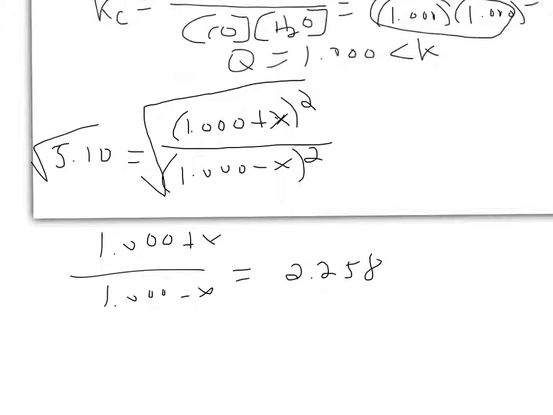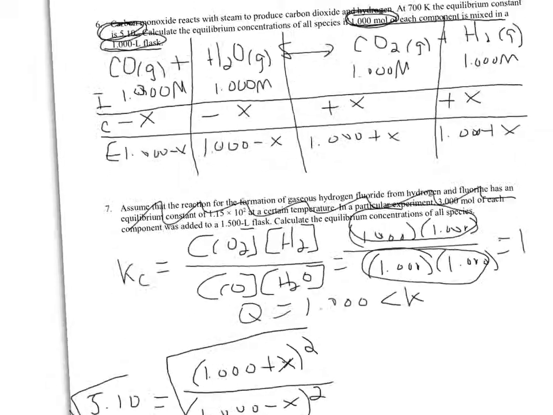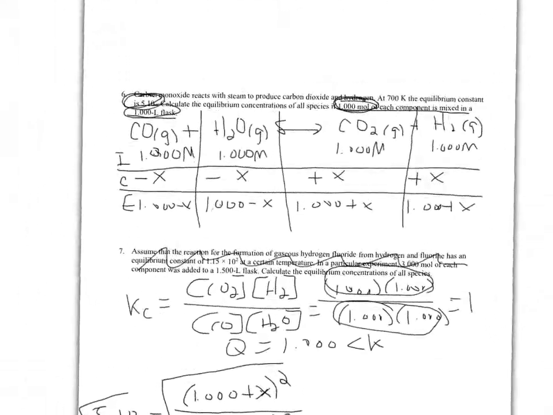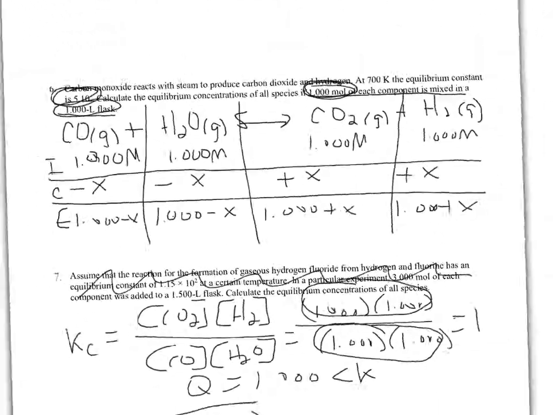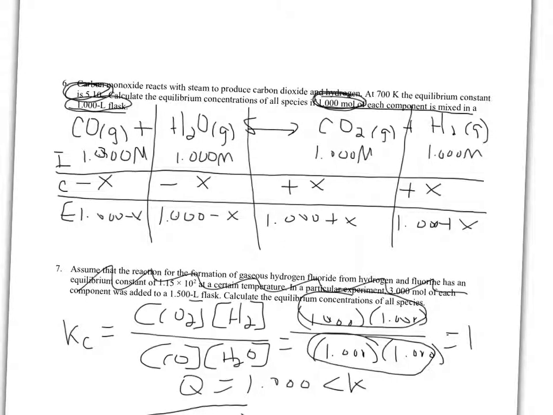2.258. And if we rearrange and solve everything, and you can pause this and do that for yourself if you want to check to make sure you can do the math, you end up with X equals 0.386, and again that's going to be molar. So if we plug that back in up here and solve for our equilibrium amounts, if we subtract that off from the reactant amounts, that gives us 0.614 molar for those.